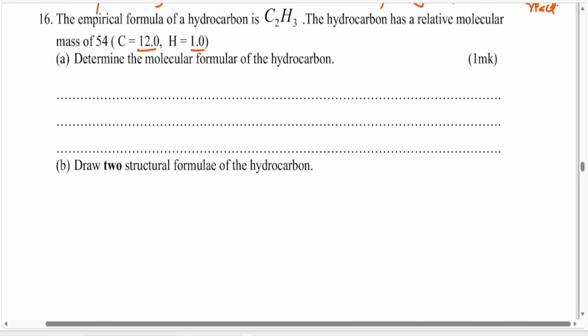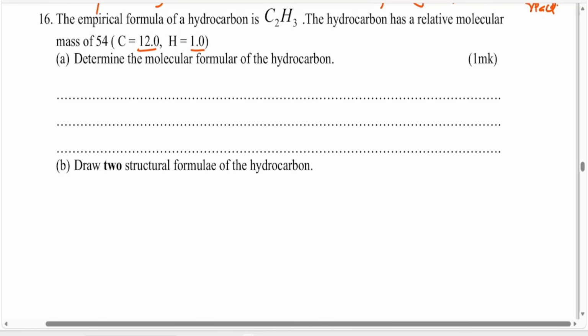We know the empirical formula shows the simplest whole number ratio in which atoms are found in a particular compound, and the molecular formula shows the actual number of atoms.